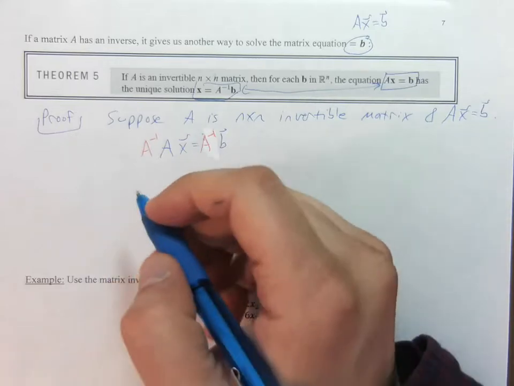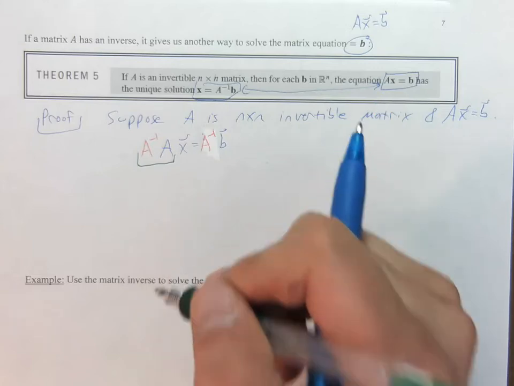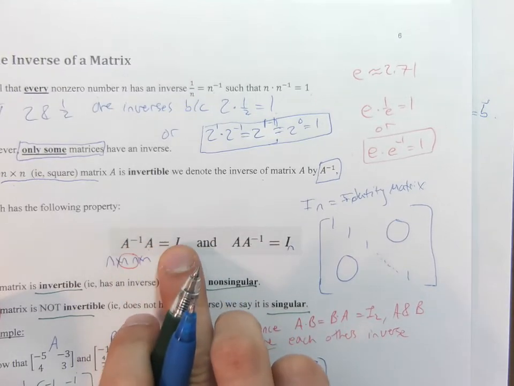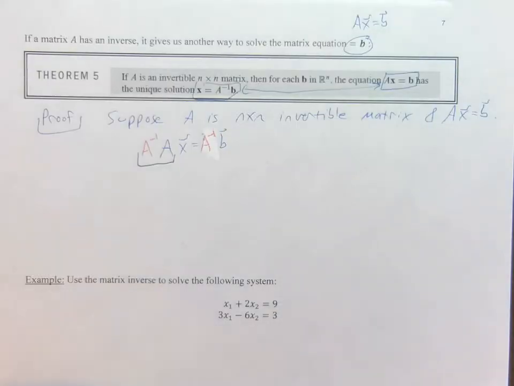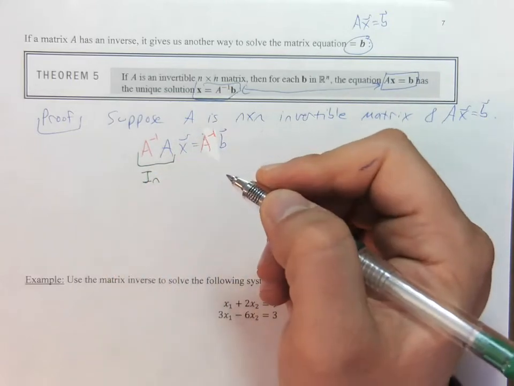Well, on the left-hand side here, these two things multiply together to give us the identity matrix, right? That's what the last page said. When you multiply A times its inverse on either side, you get the identity matrix. And so A times A inverse right here just equals I_n.